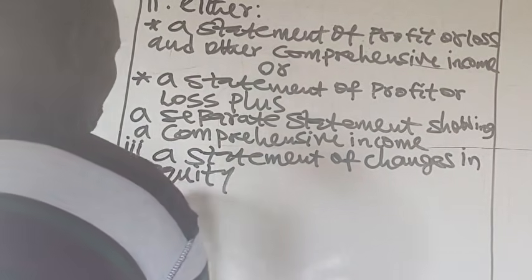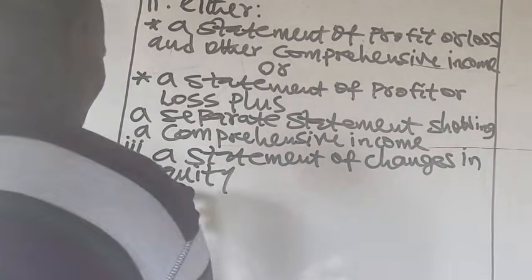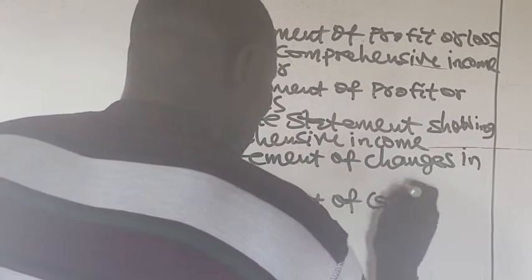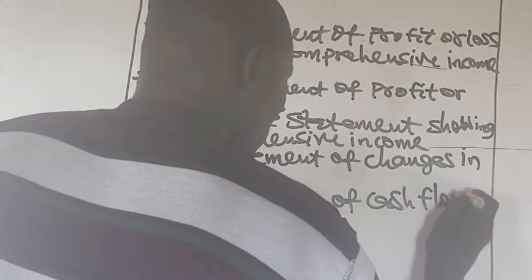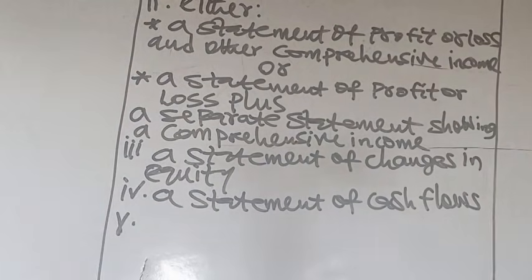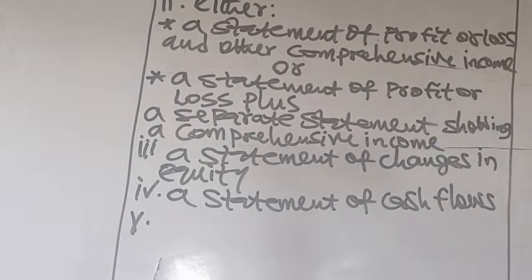Number four, we have a statement of cash flows. Number five, accounting policies and explanatory notes.